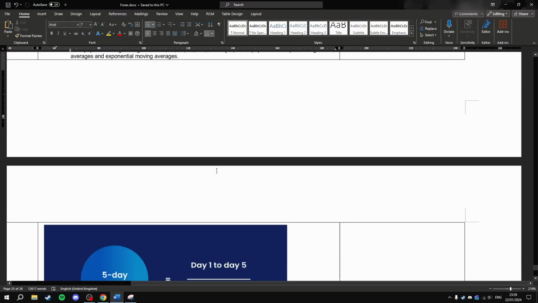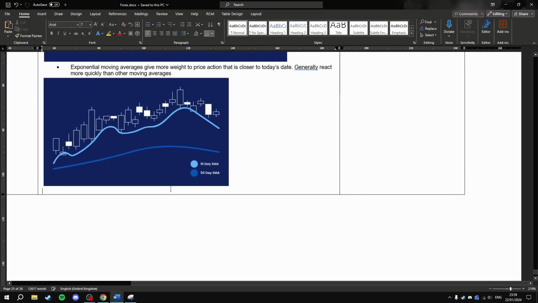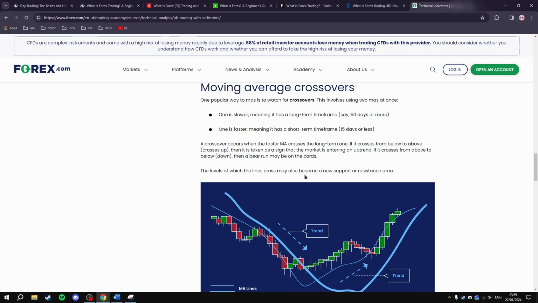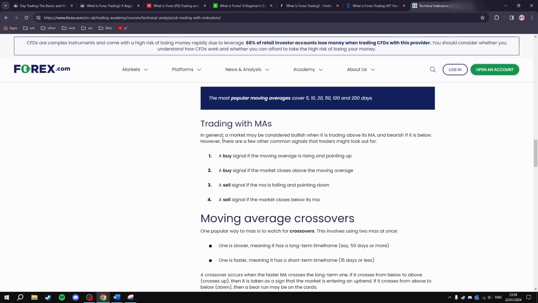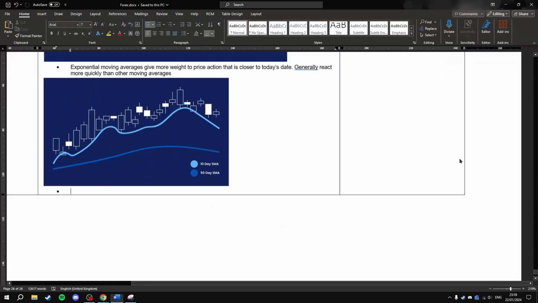Trading with moving averages. In general, a market may be considered bullish when it's trading above its moving average, and bearish if it's below.